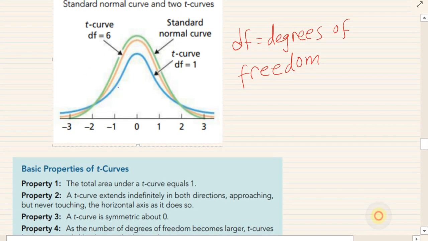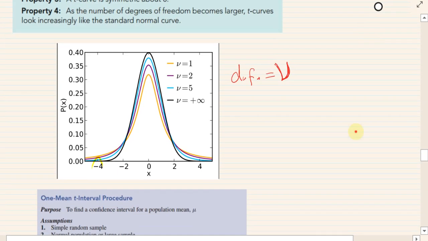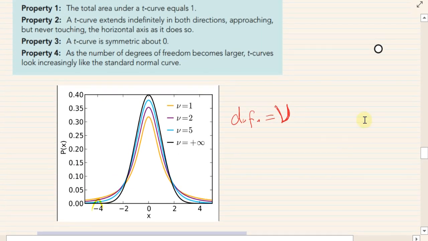Here, degrees of freedom is 1, this golden curve. Then degrees of freedom is 2, that's the next one up. Degrees of freedom 5 is the next higher up. And degrees of freedom infinity, where infinity means very large. And that's what property 4 says right here: as degrees of freedom becomes large. Well, how large? There you go, infinity.